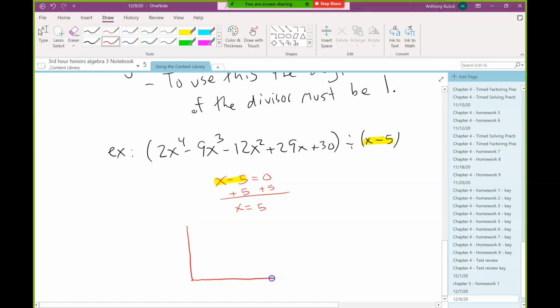The next thing we're going to do is set up a synthetic substitution, where I'm going to take that solution that we just found, and that's going to be the number that goes on the outside of my synthetic substitution setup, and the numbers that will go on the inside are going to be the coefficients from the dividend.